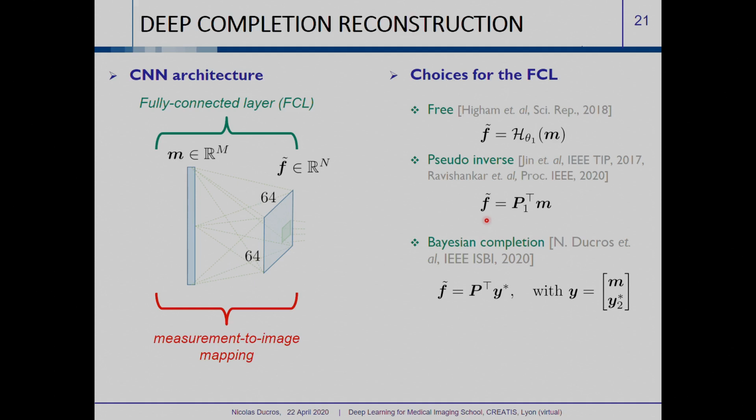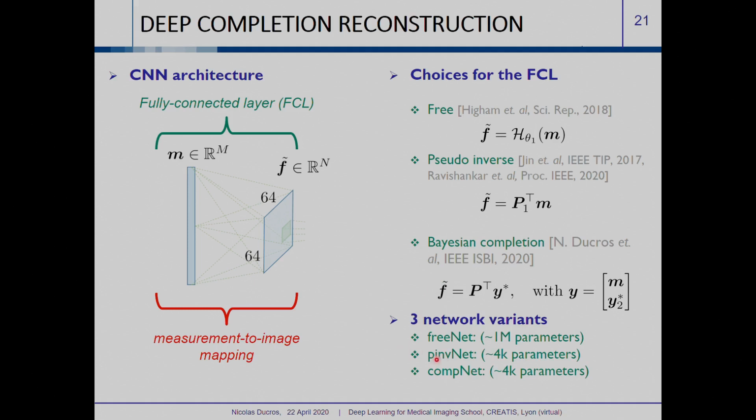And then the Bayesian completion scheme I just talked about, and this is what we compare here. What we can say is that the FreeNet has a lot of parameters to learn, while the PinvNet and the CompletionNet have only 4,000 parameters to train.